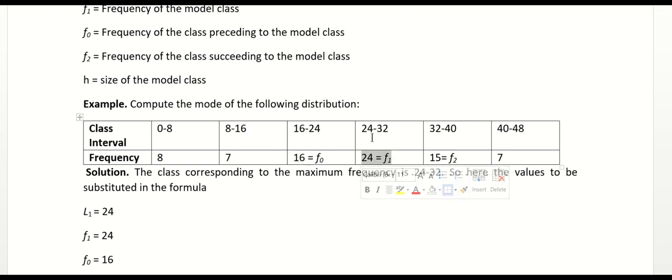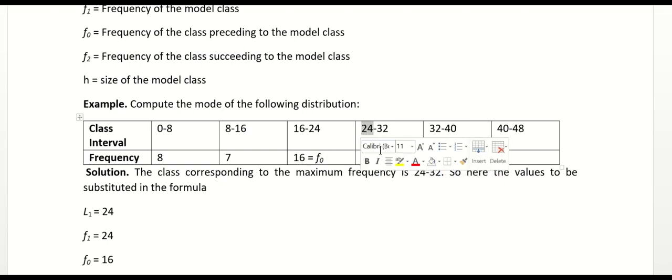So here L1 is 24 and the class interval here is 8. In this question all the class intervals are the same, but it may happen that in certain cases class intervals vary. So you will pick the class interval of F1 only. So here H is 8. Now we are clear with it. F0 is 16, F1 is 24, F2 is 15, L1 is 24 and H is 8.